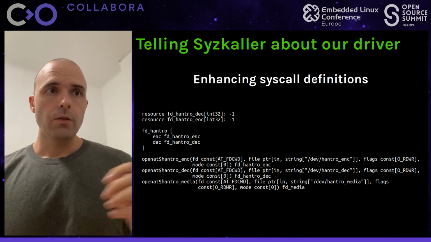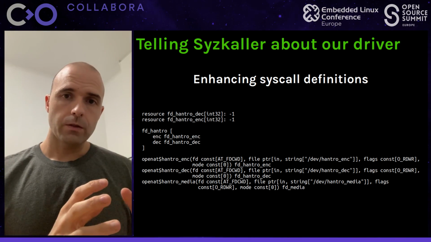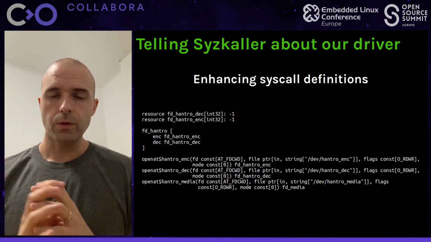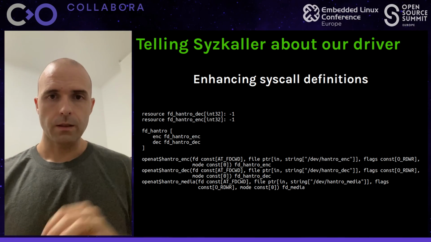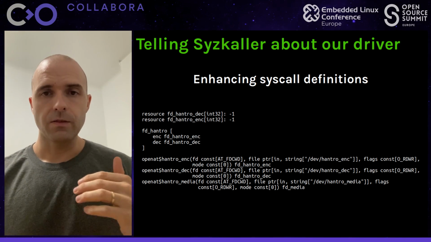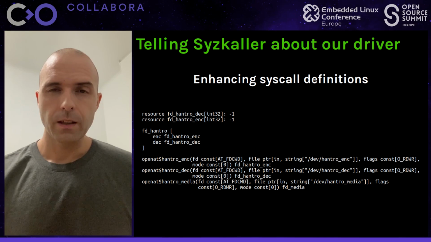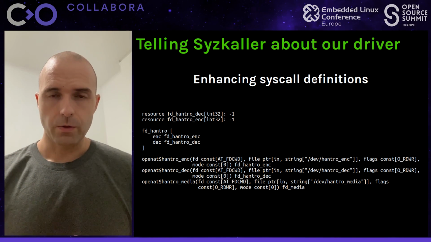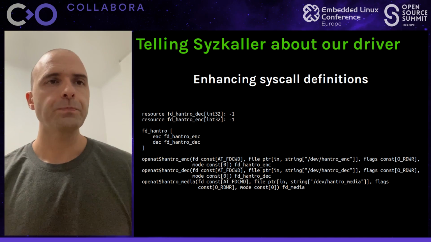So the first step would be to make sure that our driver interface is properly supported in Syzkaller. That means including the necessary new syscalls and flags described in Syslang, so that Syzkaller knows about them and can generate code that use them.